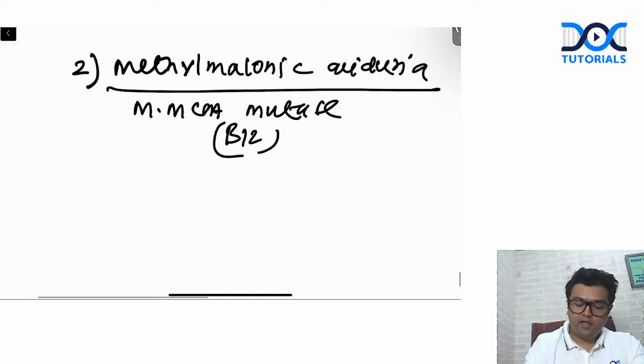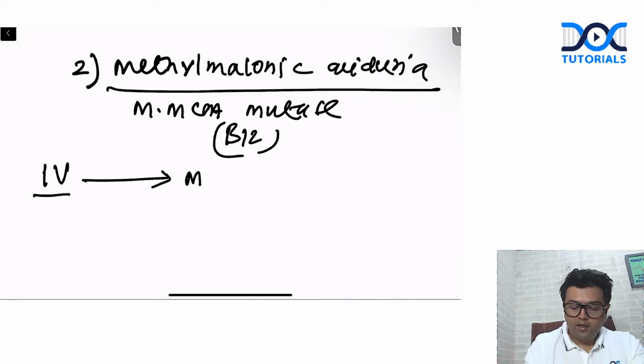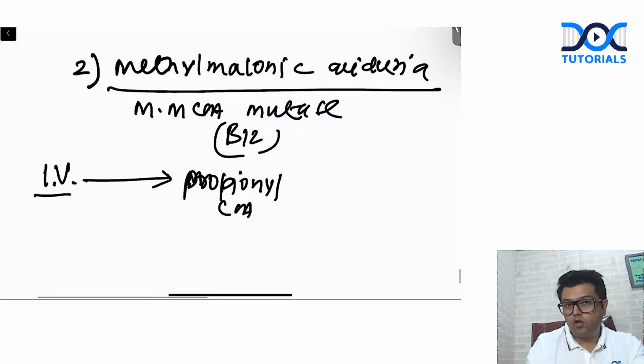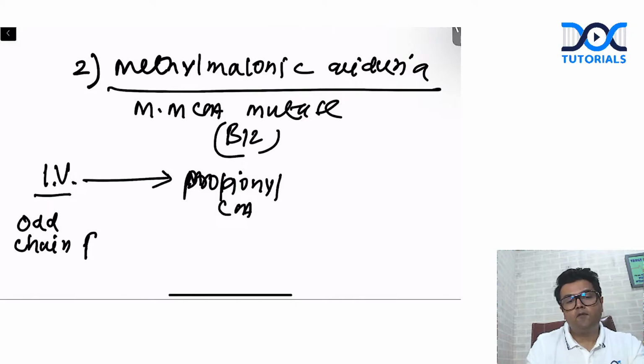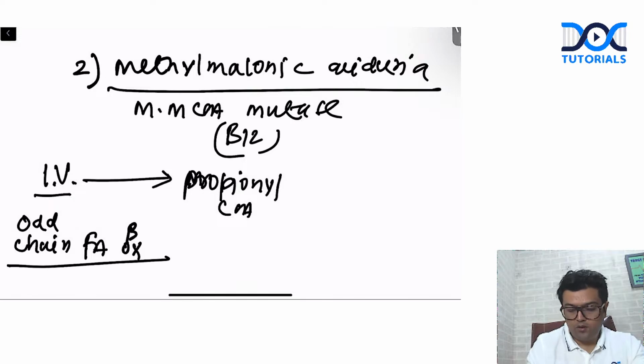So guys, where do you find this name? When I talk about isoleucine and valine, their metabolism also makes something called propionyl coenzyme A. Do you know that propionyl coenzyme A is a three carbon compound, made from isoleucine and valine, not leucine, but also from odd chain fat metabolism, if you remember, odd chain fatty acid beta oxidation.